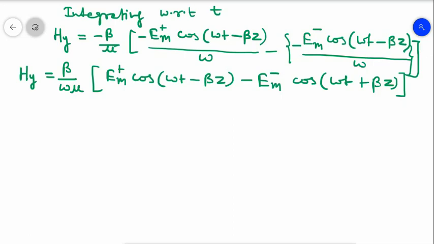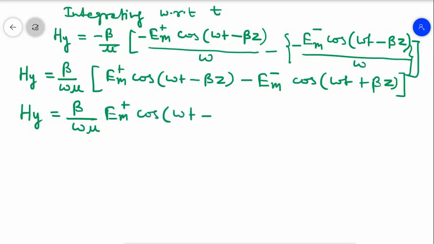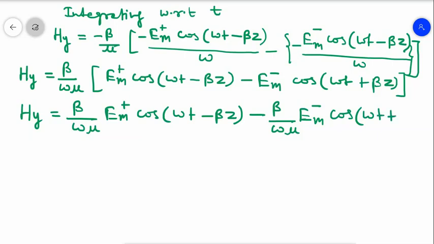So this Hy, if we multiply this beta upon omega mu to both the terms, we can write this as Hy equals to beta upon omega mu Em plus cos of omega t minus beta z and minus of beta upon omega mu Em minus cos of omega t plus beta z.